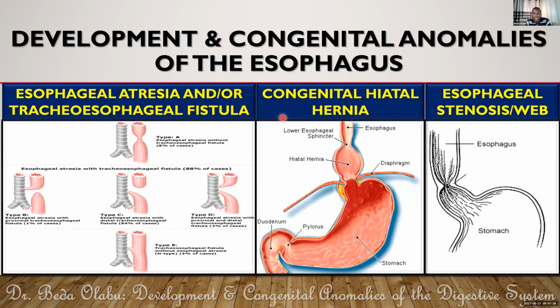You may have some thin membranes in the esophagus, which we call esophageal webs. You may even have a cyst separate from the wall. We generally call those cysts foregut duplication cysts. Great. Those are malformations of the esophagus.